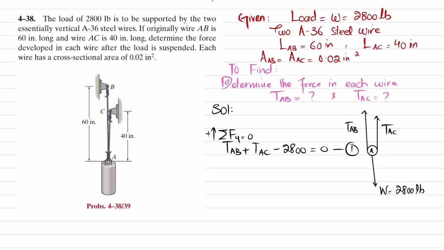Now you can see due to this load W acting downward, there will be deformation or elongation in wire AB as well as elongation in wire AC. Both are A36 steel wire.